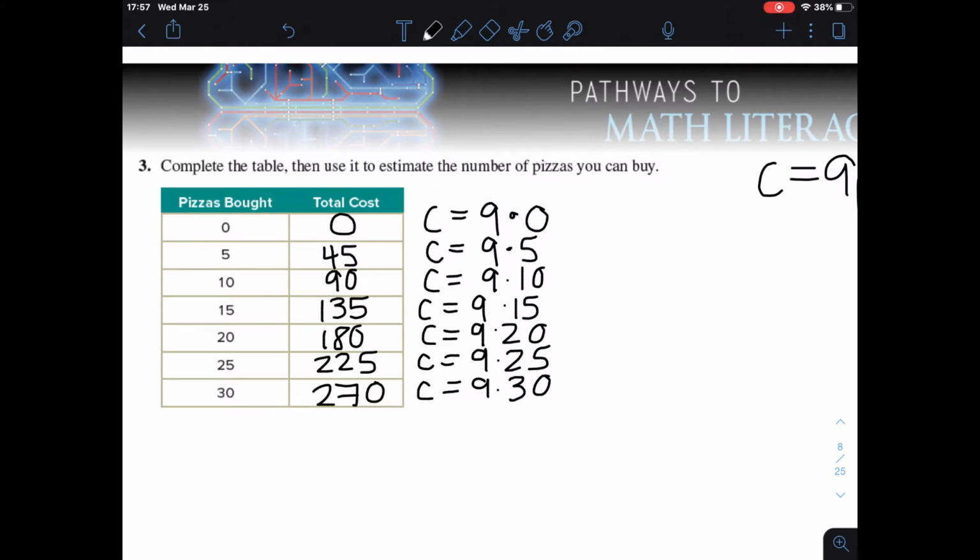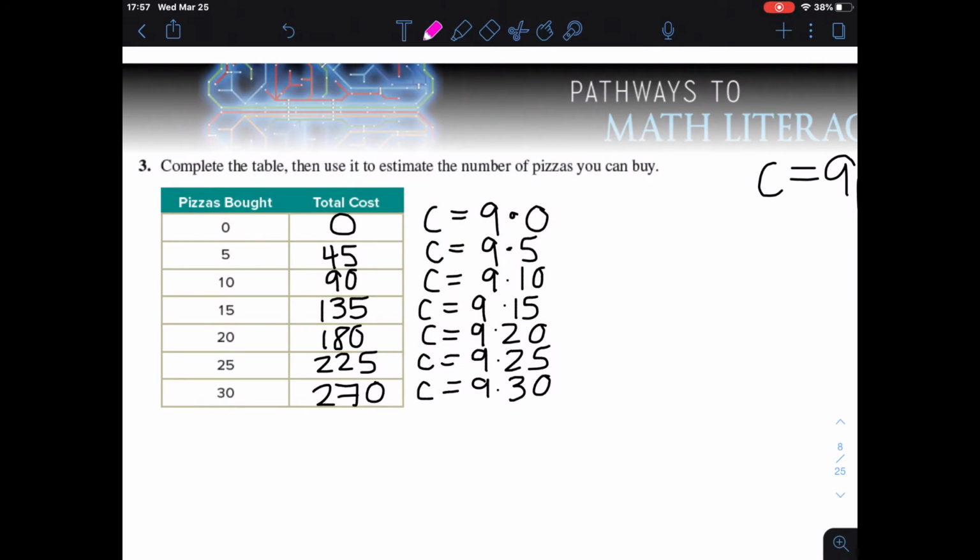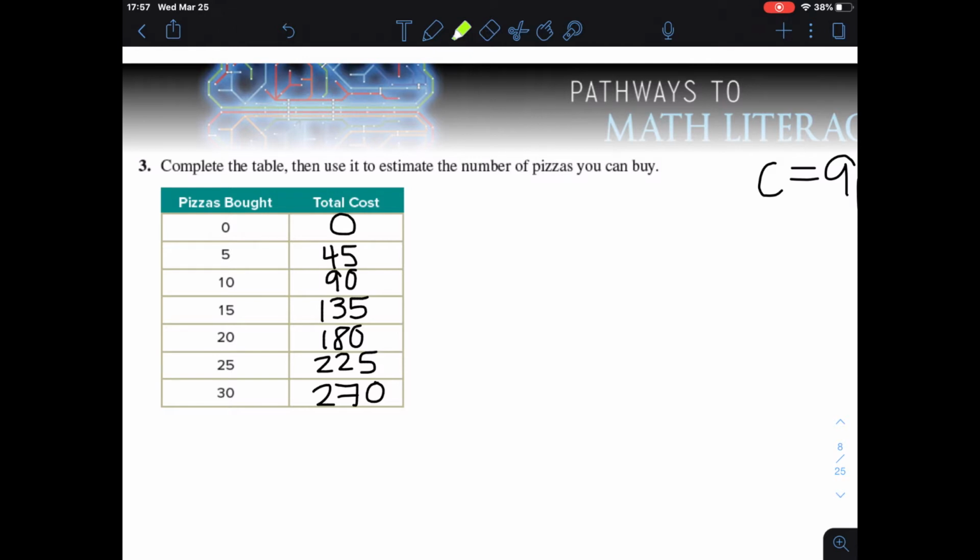So if we want to estimate from this, not knowing that we already know the amount, and we know we have a budget of 175, if we look right here, our budget is close to this amount. So that means I can get close to 20 pizzas.